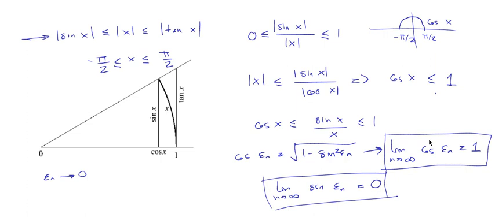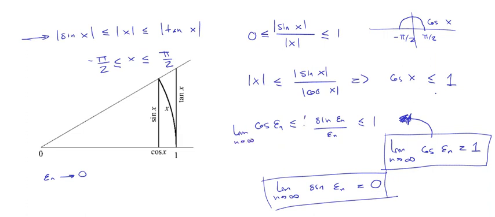Well, if we use this fact and go here, instead of x we're going to write epsilon sub n. So we have epsilon sub n in each place, right? If we take limits here, the limit on the right is 1 and the limit on the left is 1.